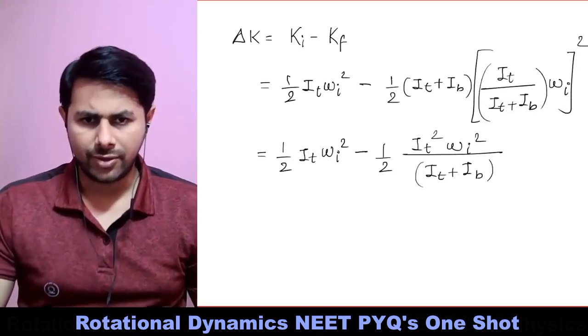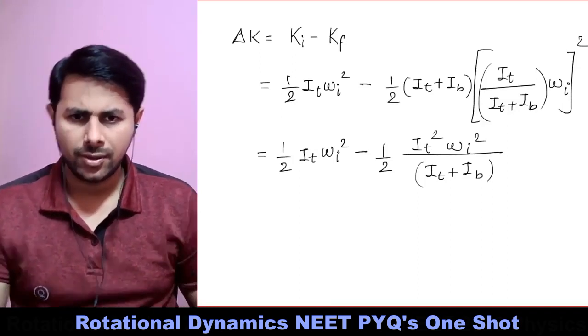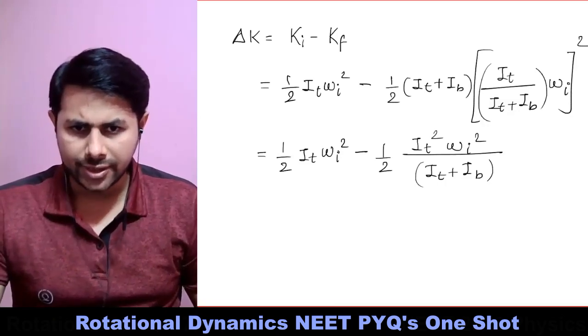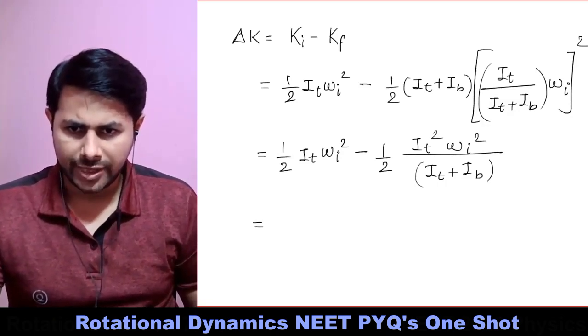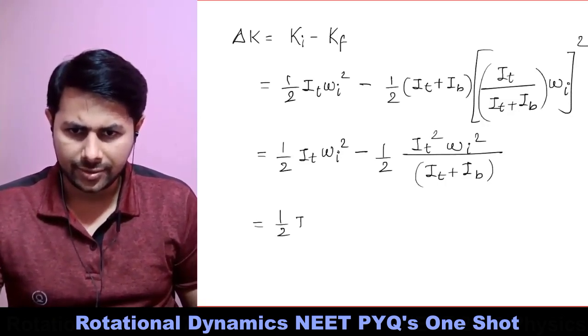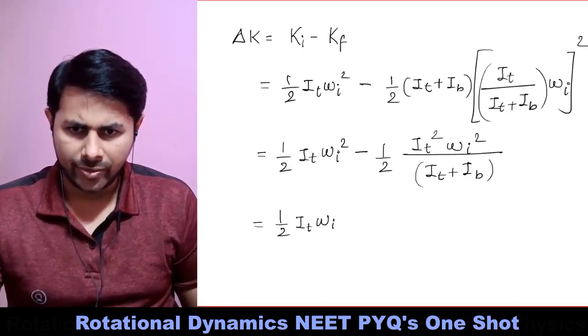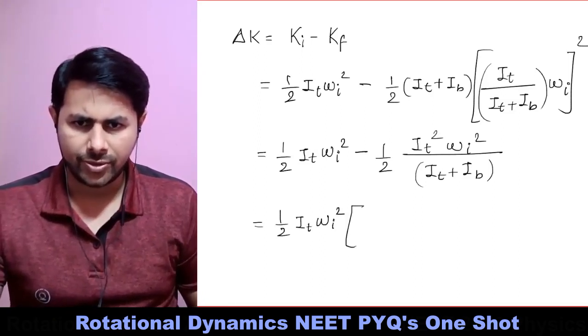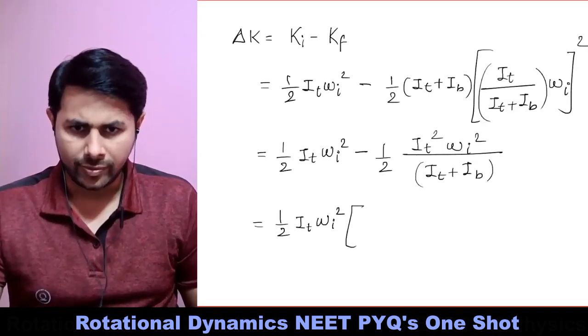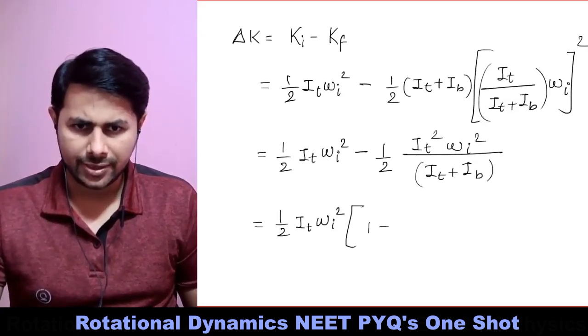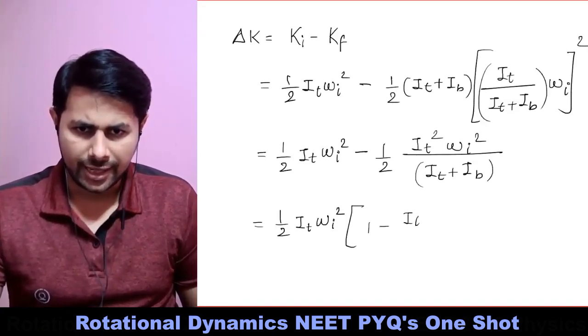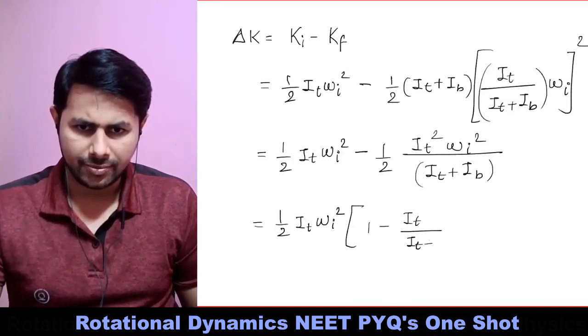Then we have to do some simplification. We can take half of I_t multiplied by omega_i squared common from both terms. So we are left with 1 minus I_t upon I_t plus I_b.